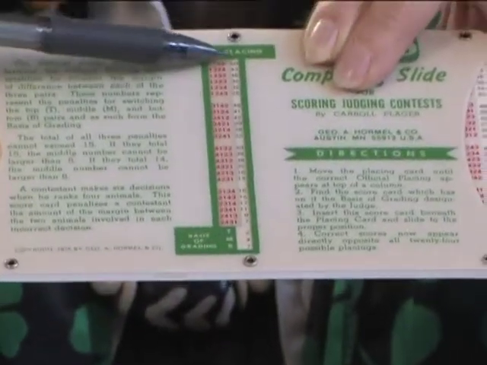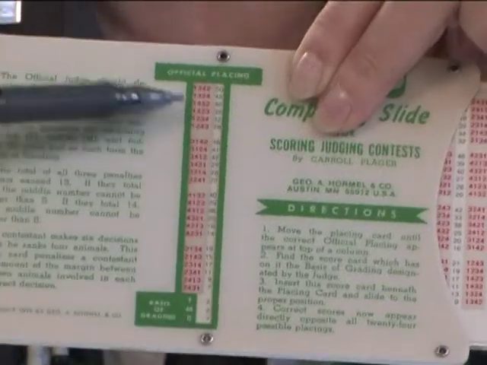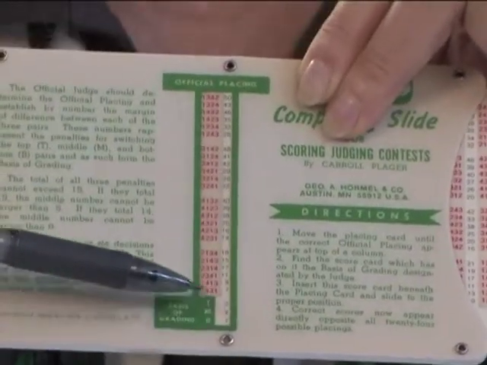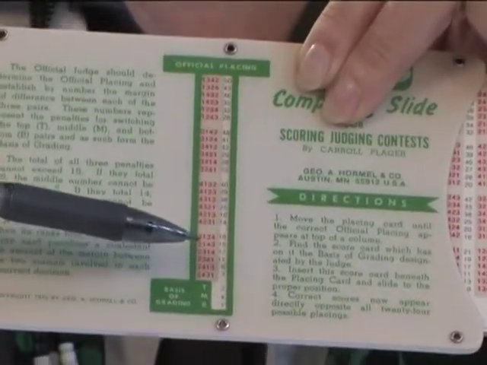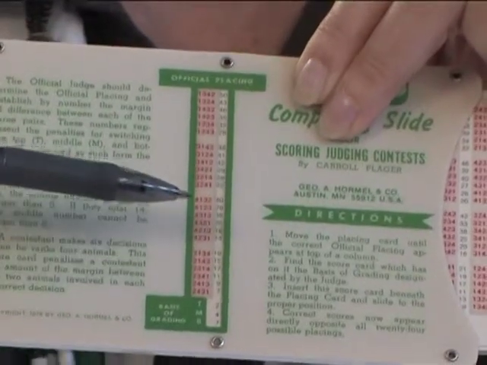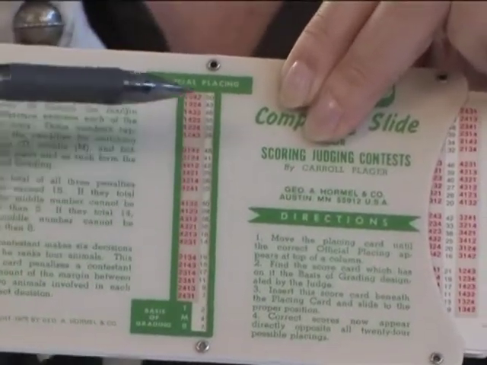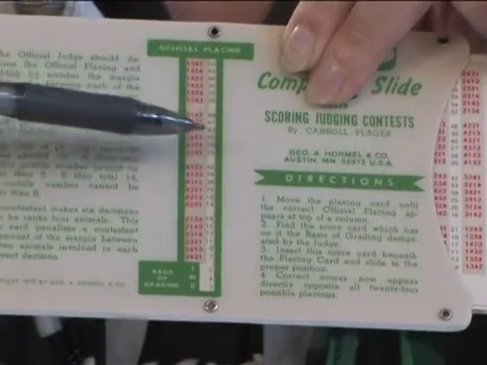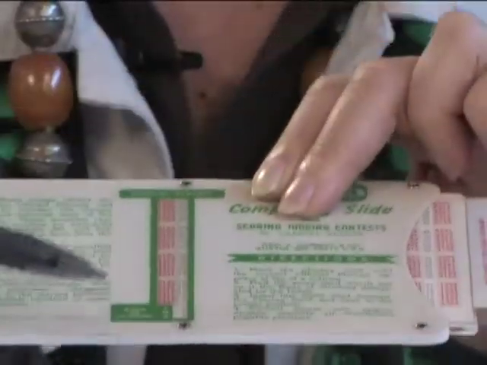So then each of those red numbers that we see in the Hormel scale here corresponds to a different but incorrect placing for that particular class and receives a diminished number of points as we go down.